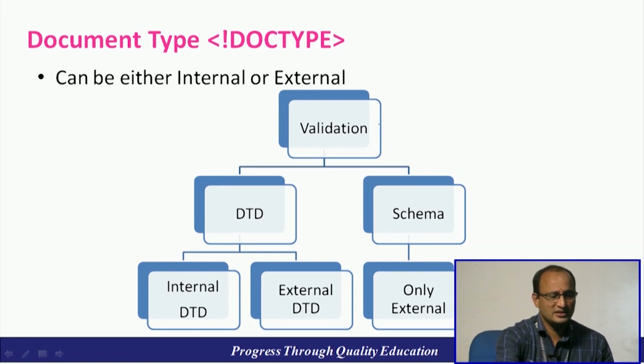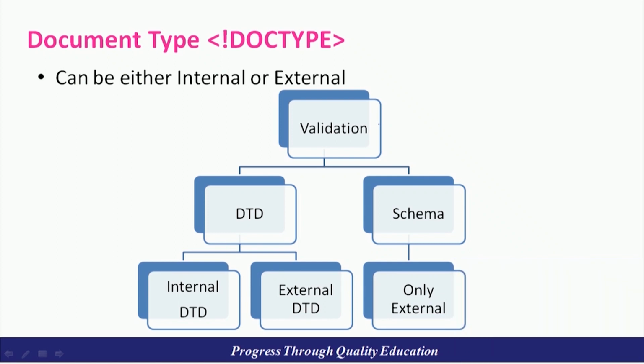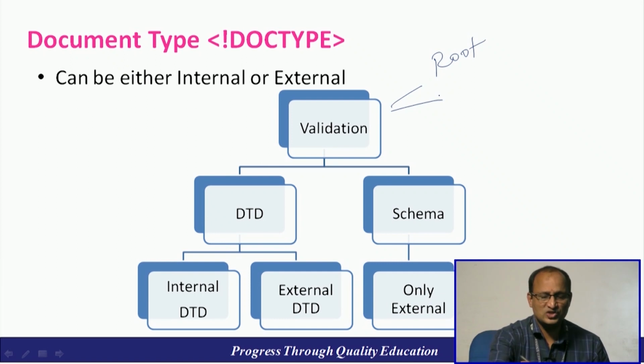Validation is one of the important processes, and it can be achieved with the help of DTD or schema. In the validation process, what is the root tag we have in our XML document? So, root tag. Then elements, that is structure.